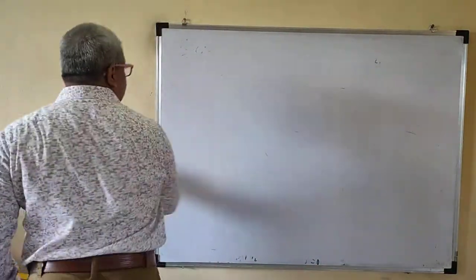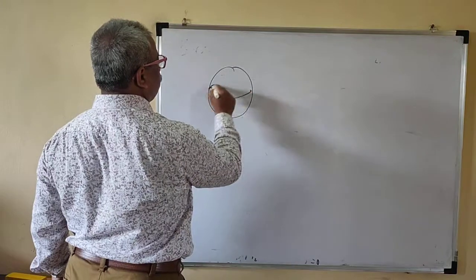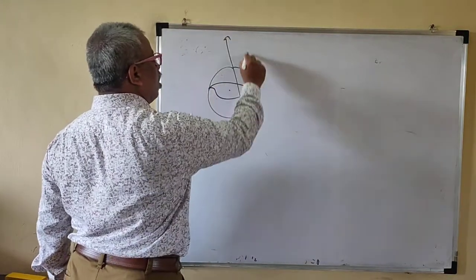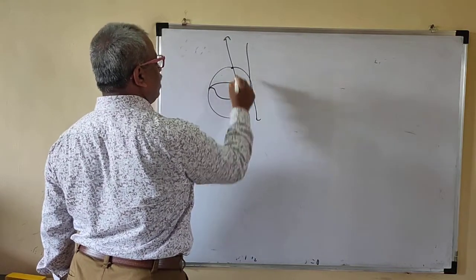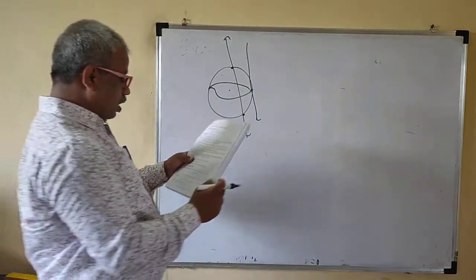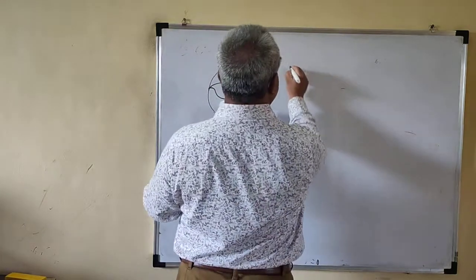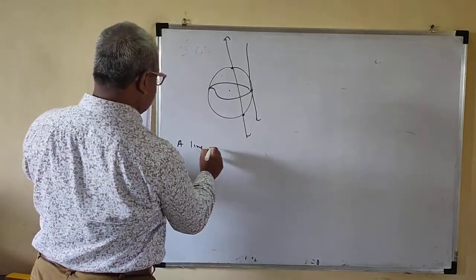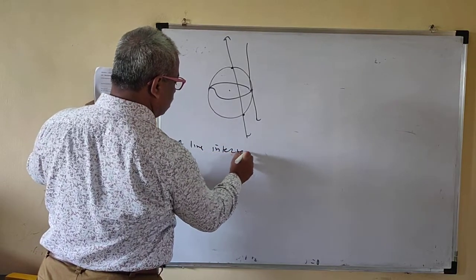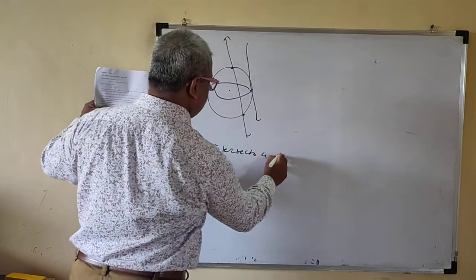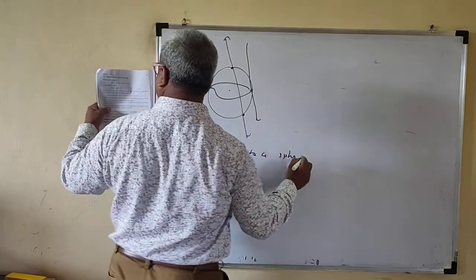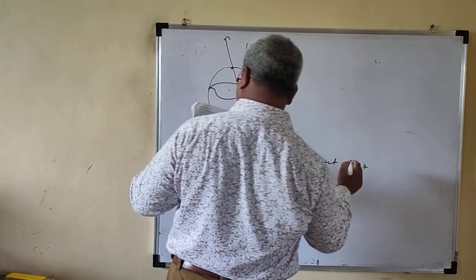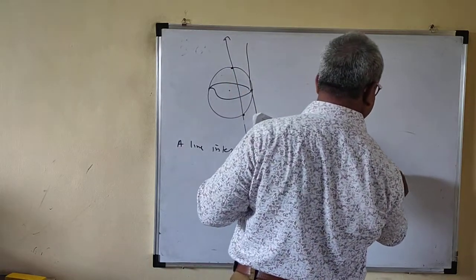Okay. Now suppose this is a sphere and suppose this is a line. The line may cut or touch the sphere at one point or at two points. So in general, a line intersects a sphere in at most 2 points.